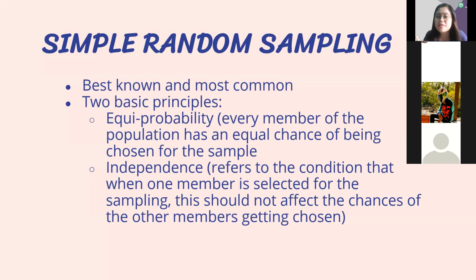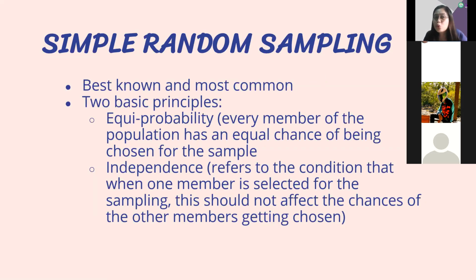The first one is the principle of equiprobability, that is giving them equal chance to be selected in our study, and also the principle of independence, wherein the condition of one member of the population will not affect the chance of the other members to be chosen or selected in our study also.